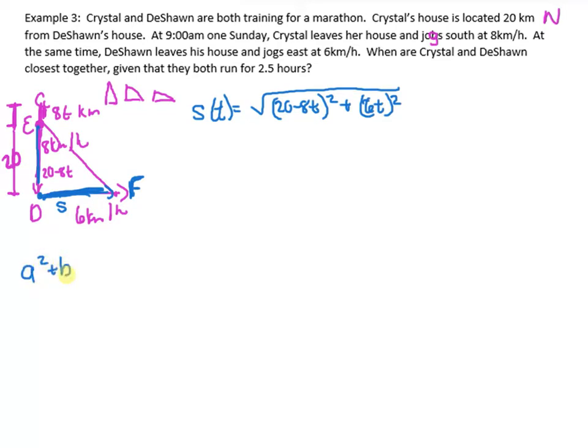So a squared plus b squared equals c squared. We want to know this distance, this being a, this being b, and we want to know the hypotenuse, essentially.